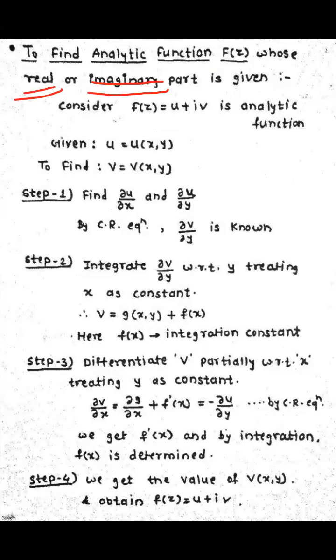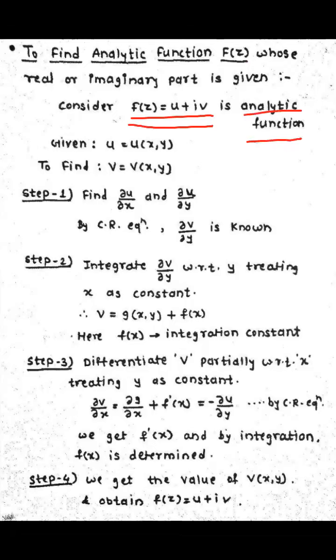So given information about either u or v, we have to find f(z). Consider f(z) = u + iv is analytic.